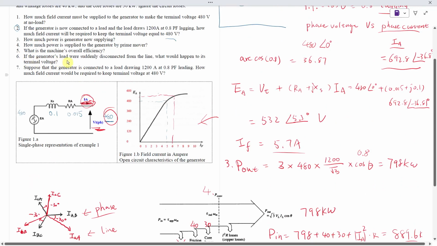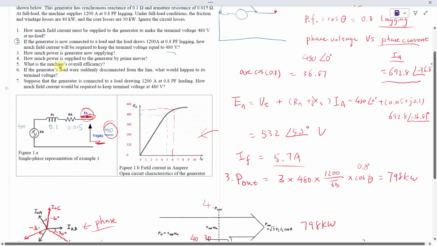Next, if the generator load were suddenly disconnected from the line, what would happen to its terminal voltage? Okay, for the terminal voltage, if suddenly it lost the load, your excitation current doesn't change, right? You still have that excitation current, so your internal voltage EA is 532, okay?